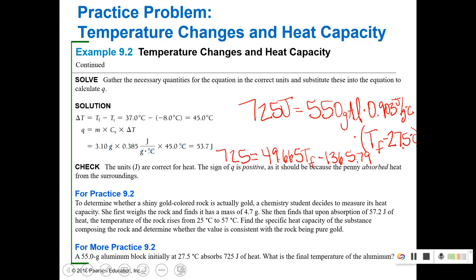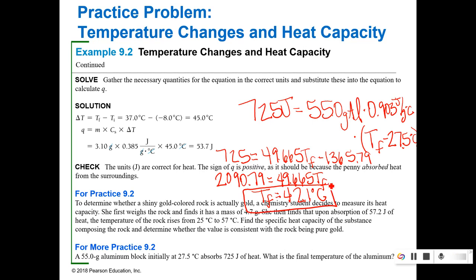Okay, so I need to add that 725, so I've got 2090.79 is equal to our 49.665 Tf. And I get that Tf is 42.1 degrees Celsius. Okay, so it's just a matter of keeping up with what you're solving for, and you should be okay as long as you can do basic algebra.